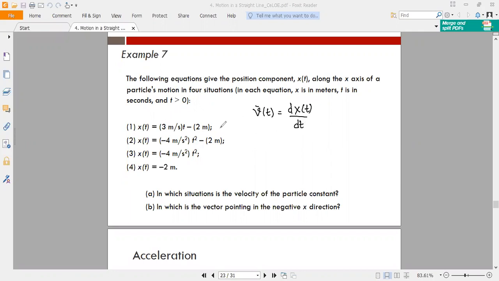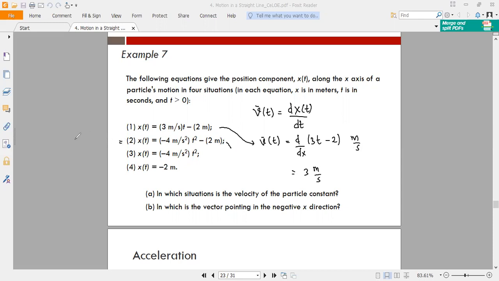So for the first case, the instantaneous velocity is the derivative of 3t minus 2 meter per second, and the result is 3 meter per second.